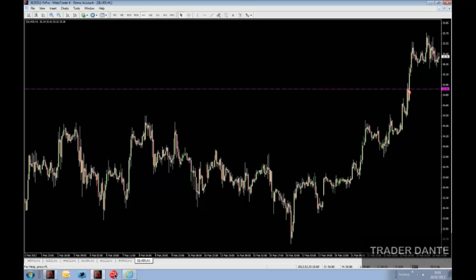Could I possibly rank the order of pairs that are easier than others? Well, I think dollar Swiss is one of the easiest to draw levels on for a start. Let's think off the top of my head. Some of the equity pairs, like the DAX, the FTSE, maybe not the FTSE, the DAX is fairly easy. Some of the levels tend to stand out. Dollar yen is not too bad recently.